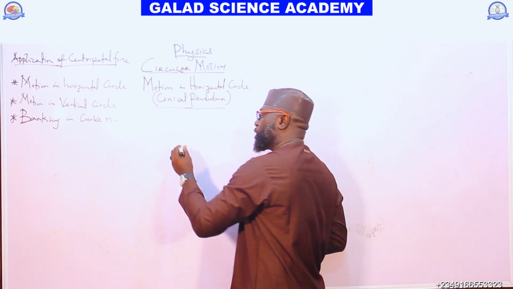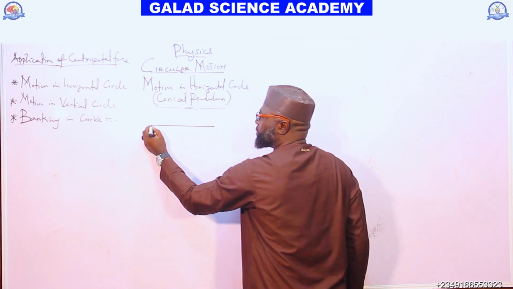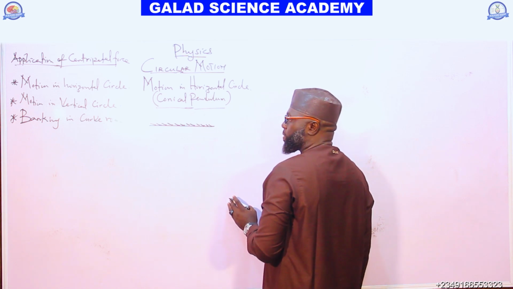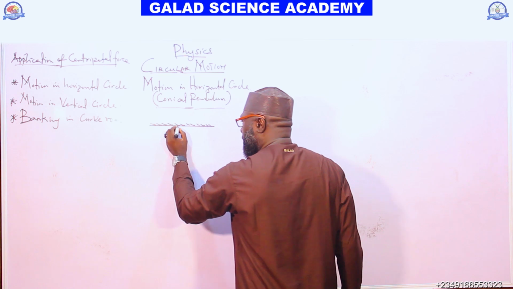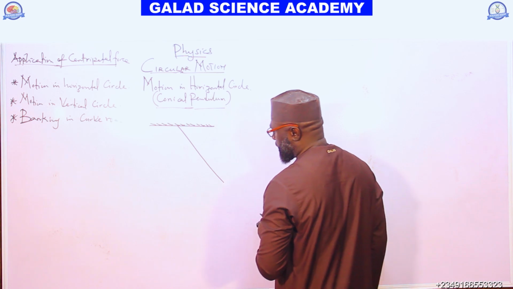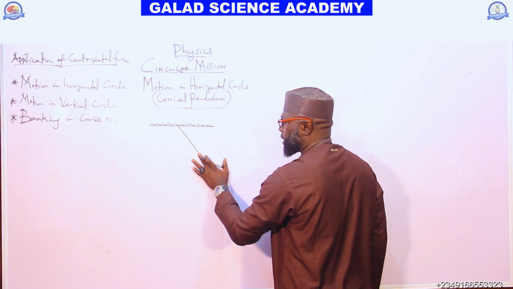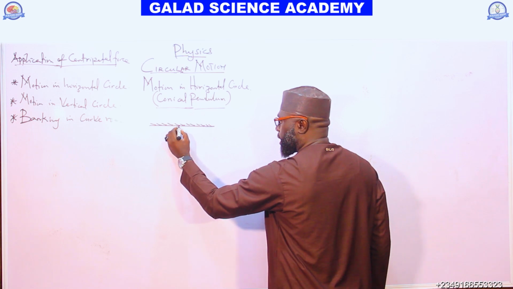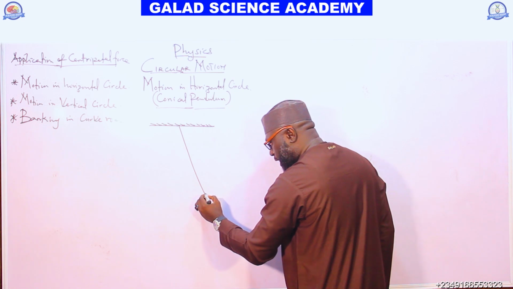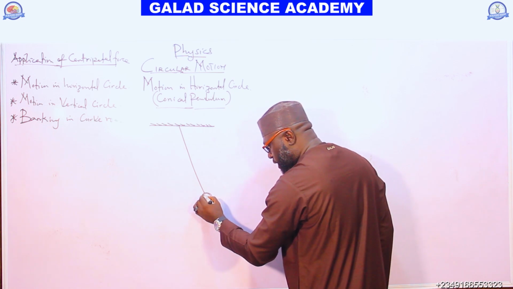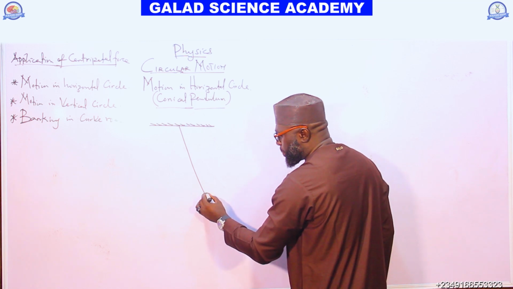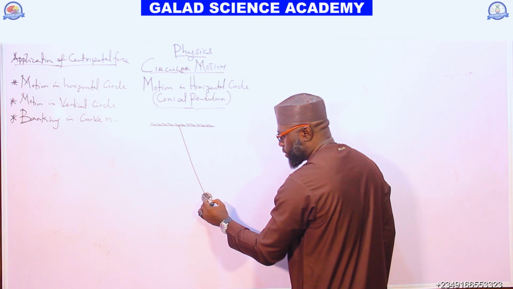Let us check the conical pendulum. Assume this is a ceiling, and we have a rod or a string attached to a pendulum bob.